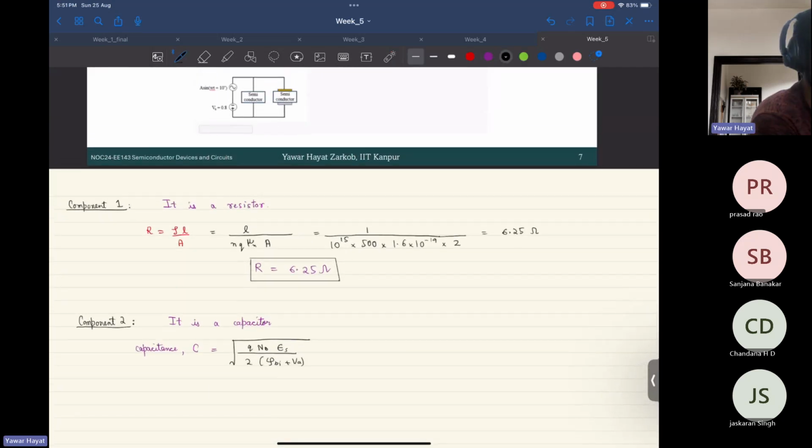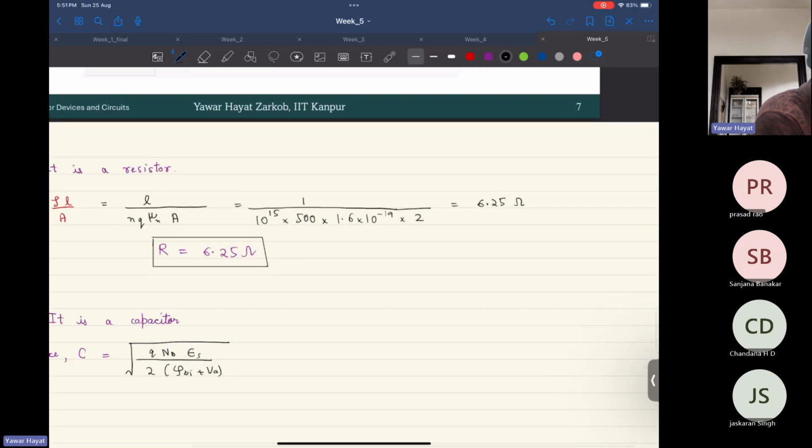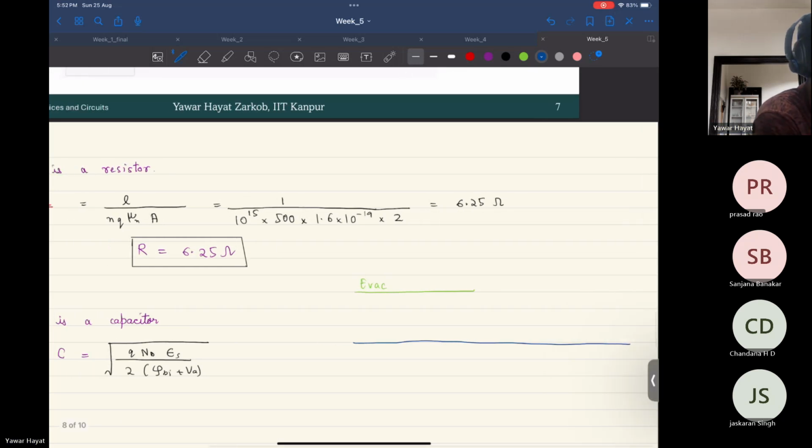Firstly, let me make a band diagram. This is the corresponding band diagram. This is your EVAC. This is your Fermi level, constant throughout. This is EVAC. This is EC, and this is your interface.